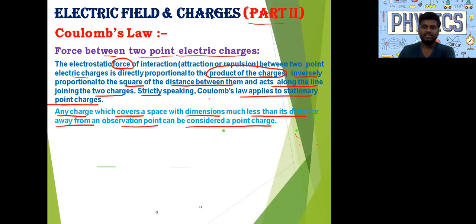Here we are taking a charge which covers a space with dimensions very much less than the distance away from an observation point. Here is our observation point. From this observation point, the charge will look very small, minute. So this is the point charge.